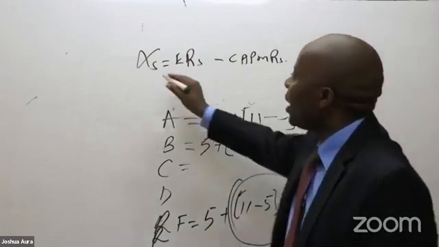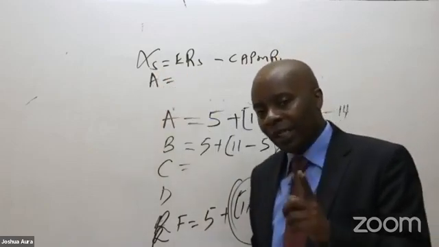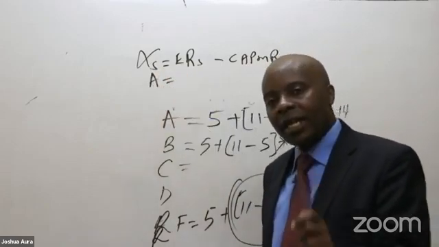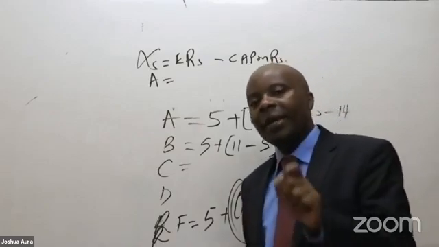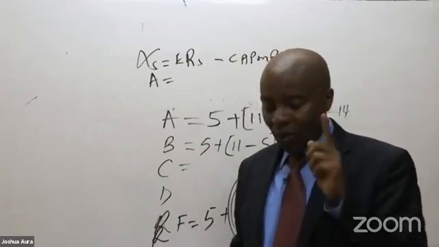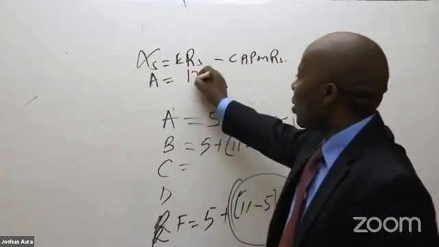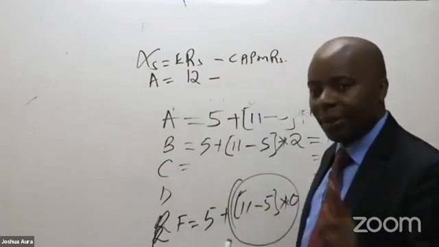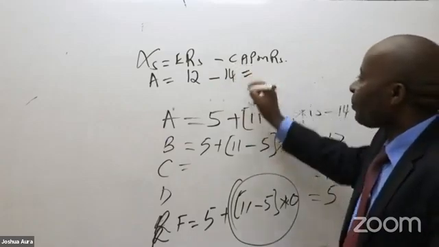So we have here A, and I want to get the profitability index of A. So I will take the expected return of A. This examiner never gave me expected returns. He gave me the current returns. So the current return of A is 12. So I have here 12 minus the CAPM return of A that I found here, which is 14.